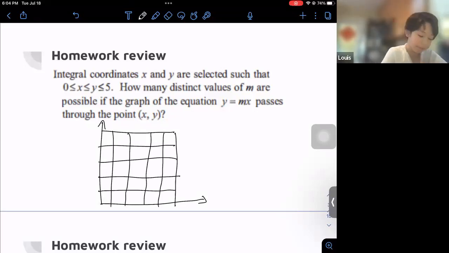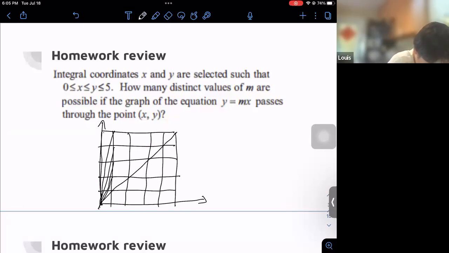So we have 1 line, 2 lines, 3 lines, 4 lines, 5 lines, and we also need that the lines are either this line right here or above. So there's this 1 line, 2, 3, 4, 5, and 6 lines.